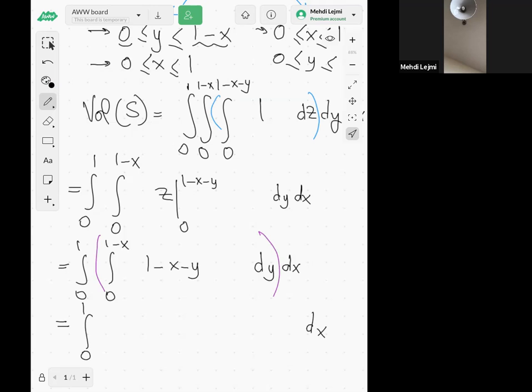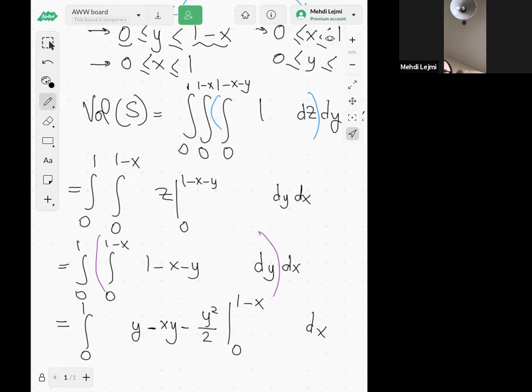The integral of 1 with respect to y is y, minus the integral of x with respect to y. Here x is a constant, so it's the constant times y, so x times y, minus the integral of y, which is y squared over 2, between 0 and 1 minus x.